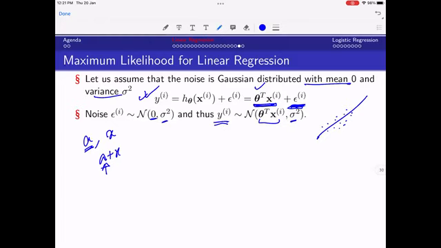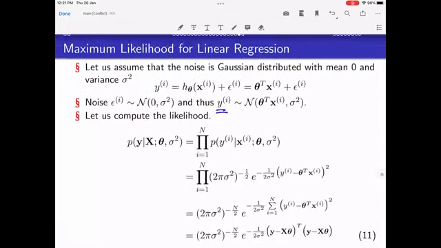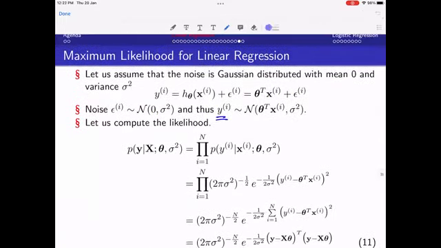Okay, let me go to the next slide. So let us compute this likelihood, because we have got the distribution of yi, and this is just, as I said, the joint distribution. The parameters that you want to estimate using maximum likelihood are given after this semicolon. Basically, you want to express your joint distribution in terms of them.